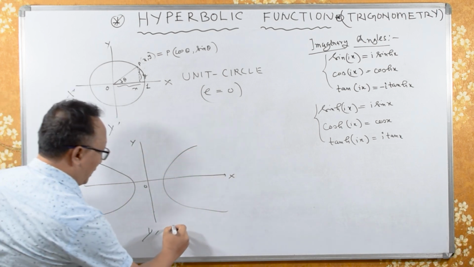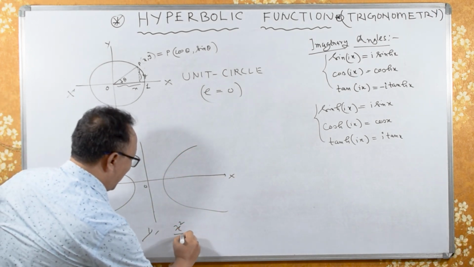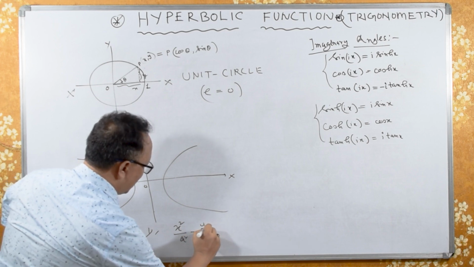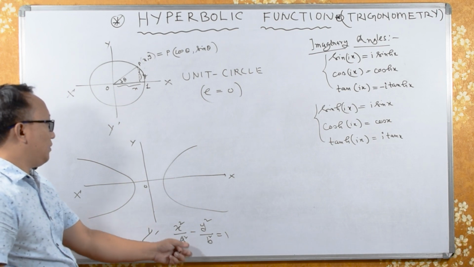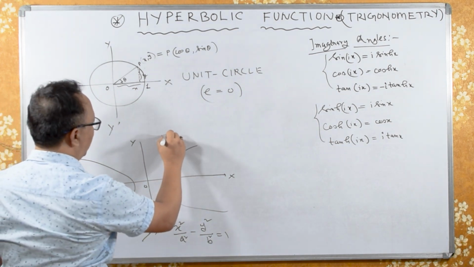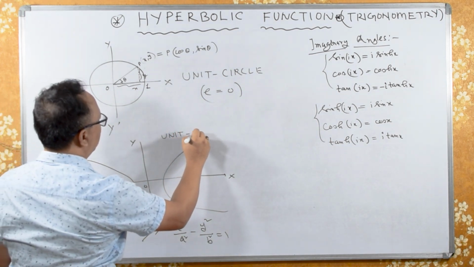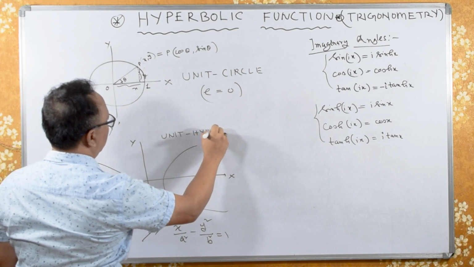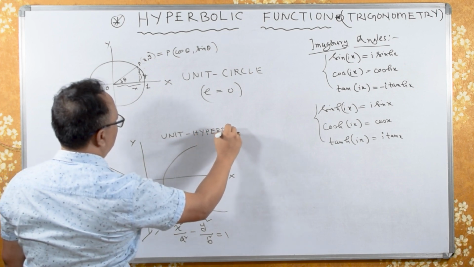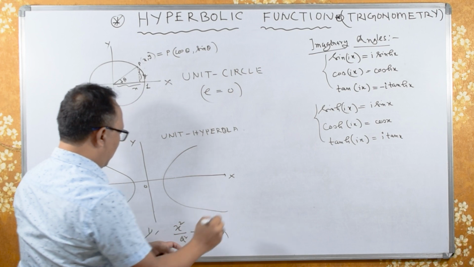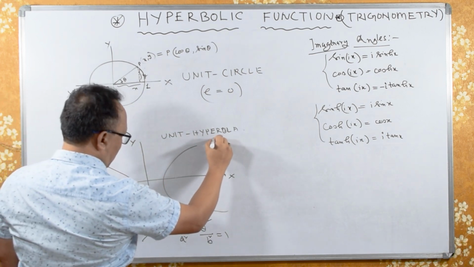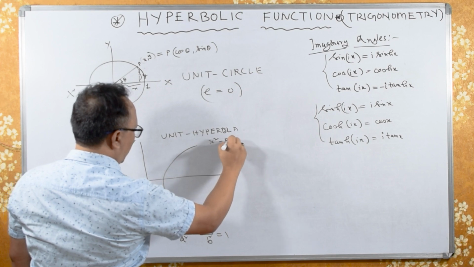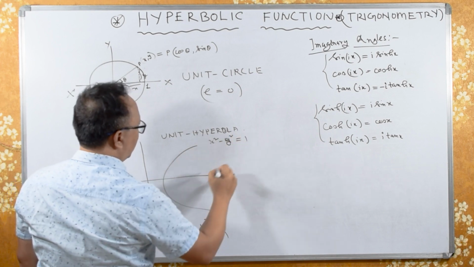The equation of a hyperbola is x square by a square minus y square by b square equals 1. Since it is a unit hyperbola, the equation will be x square minus y square equals 1.